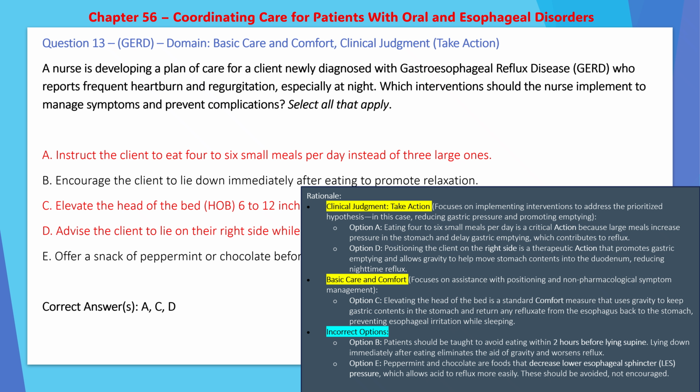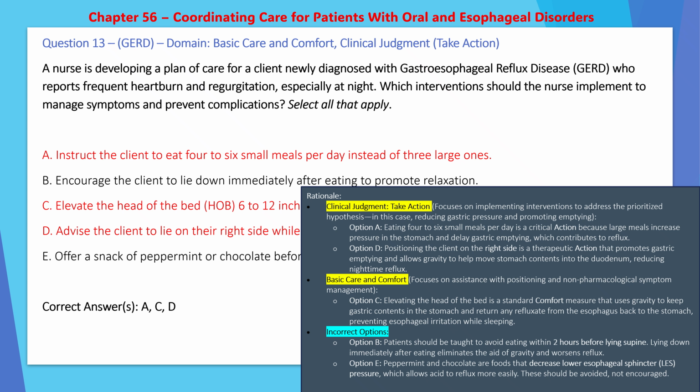Option D, positioning the client on the right side, is a therapeutic action that promotes gastric emptying and allows gravity to help move stomach contents into the duodenum, reducing nighttime reflux. Basic care and comfort focus on assistance with positioning and non-pharmacological symptom management.